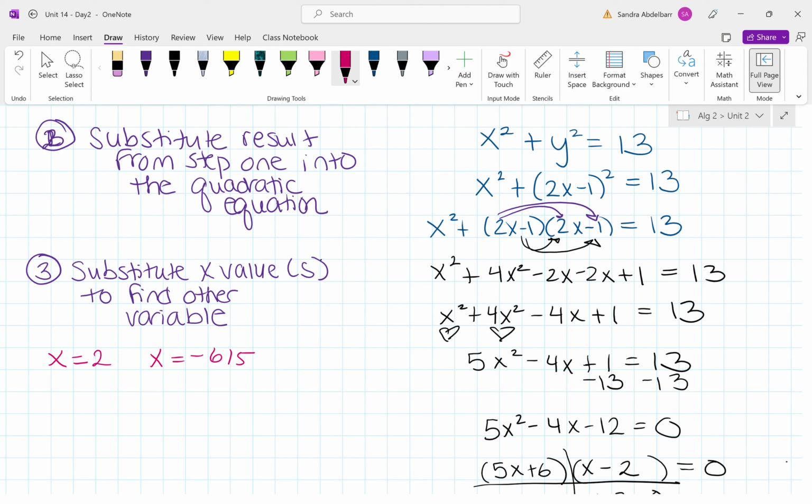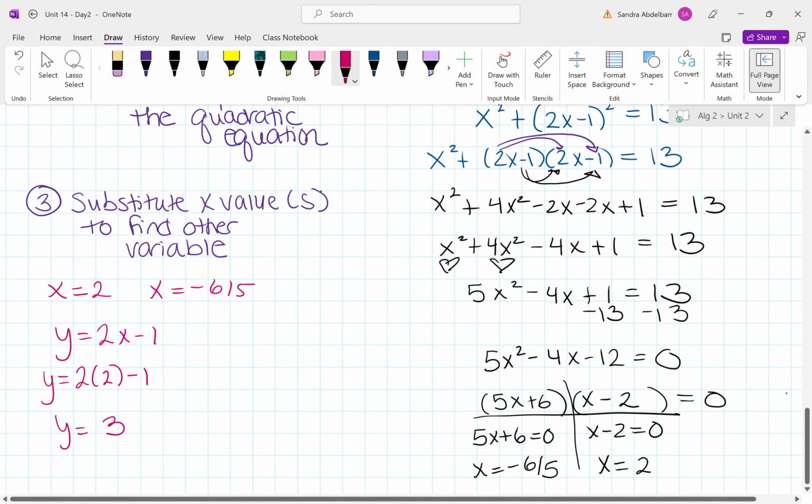So I'm going to go back. Do you think it matters which equation I go back into? Absolutely not. I'm going to go back to the linear equation. So y equals 2x minus 1. And I'm going to substitute first in my 2, y equals 2 times 2 minus 1. So y will equal 3.